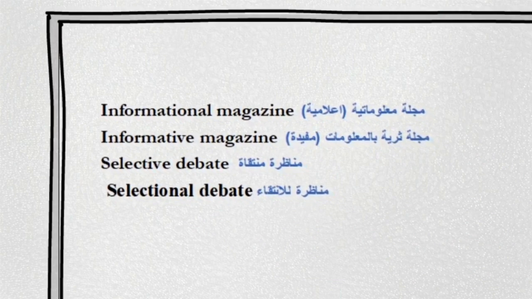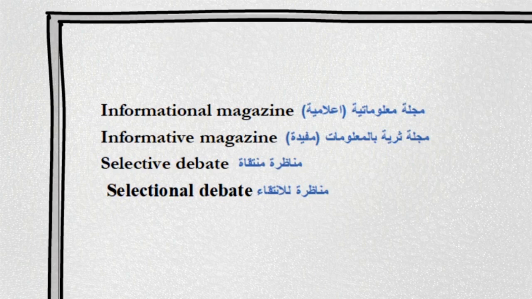Both the word pair, informational and informative, refer to information, like in this phrase informational magazine, مجلة معلوماتية أو مجلة إعلامية. Informative magazine, مجلة ثرية بالمعلومات أو مفيدة.